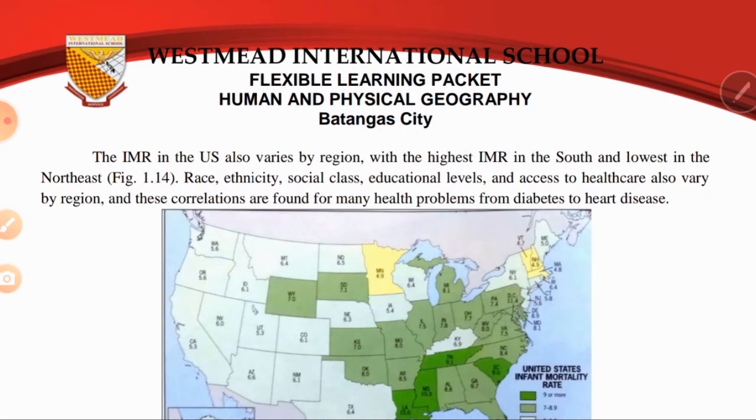The IMR in the US also varies by region, with the highest IMR in the south and lowest in the northeast. Because surprisingly, yung US ay second highest sa newborn death rate in the world.